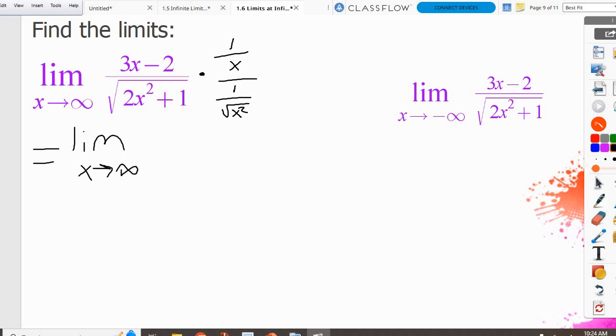On top, do we agree that we get 3 minus 2 divided by x? Yes? Okay. And on bottom now, we're going to have the square root of 2 plus 1 divided by x squared. Yes? Do we all see how I got those values? I'm just distributing.